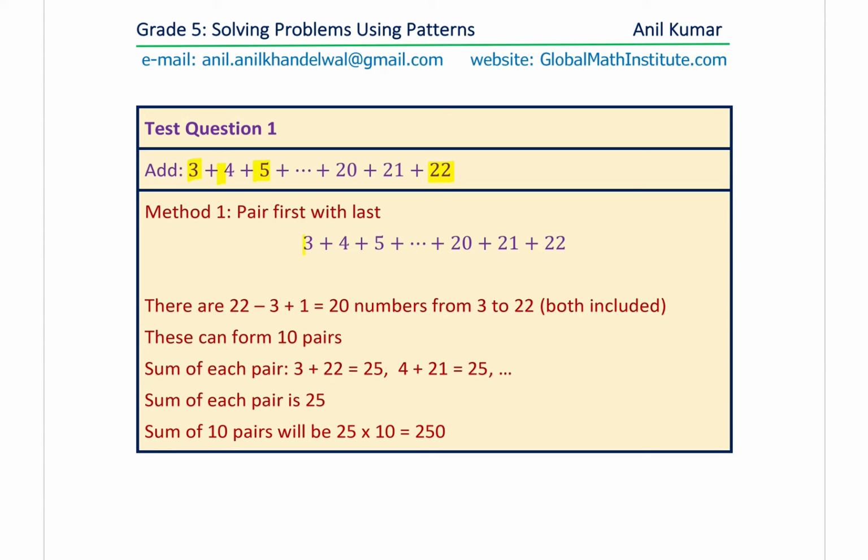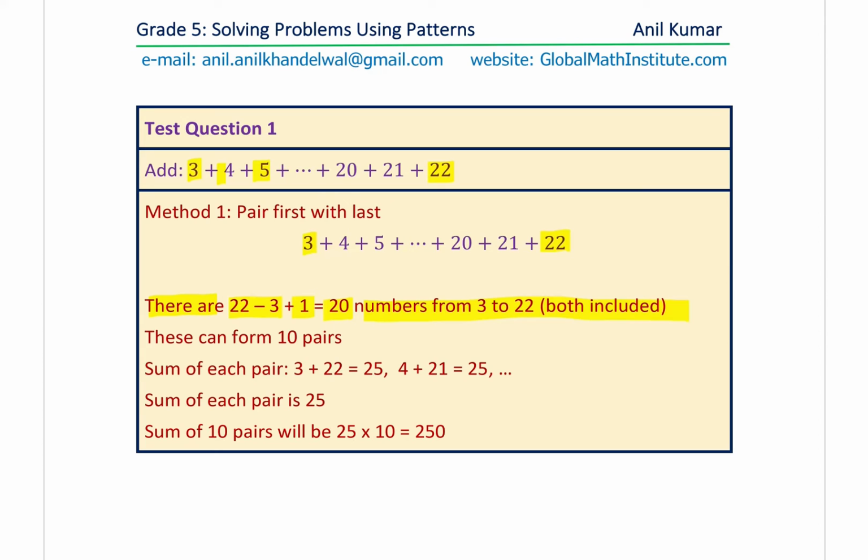If you begin with 3 and end with 22, there are 22 minus 3, and when you do that, it is plus 1 number, right? So there are 20 numbers. You see from 3, 4, 5, 6 and so on, there are in all 20 numbers from 3 to 22. Both are included. Do you get this point? So there are 20 numbers from 3 to 22, not 21.